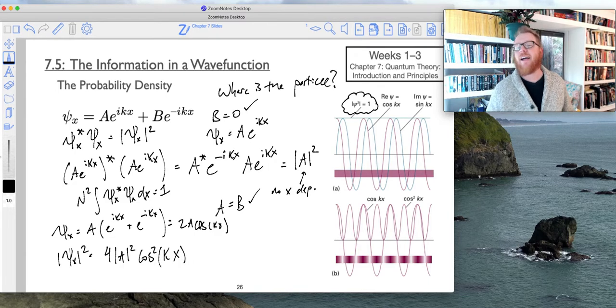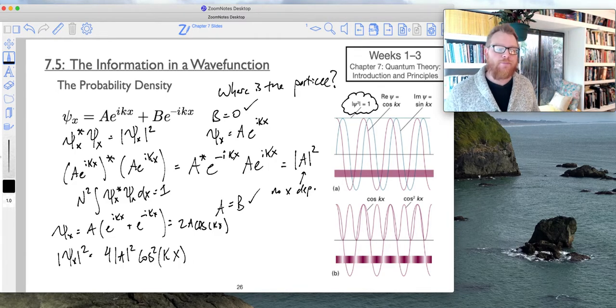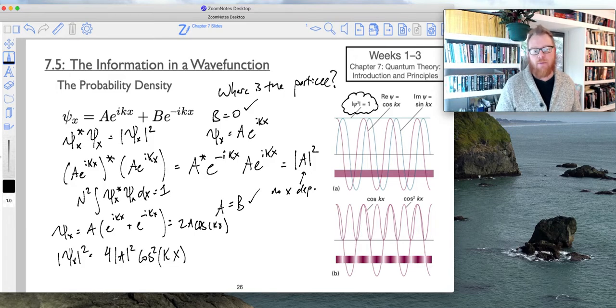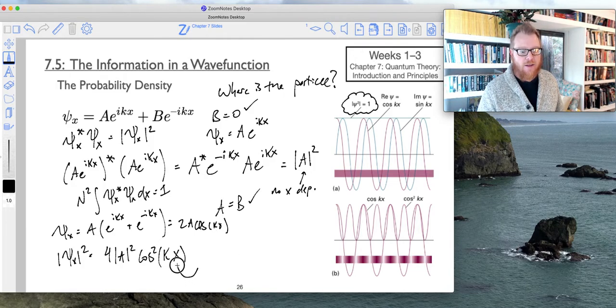And this is looking like a much more reasonable wave function and probability distribution because there is an x dependence. That's what this graph is right here. My cosine kx function looks like this one that has the negative values.